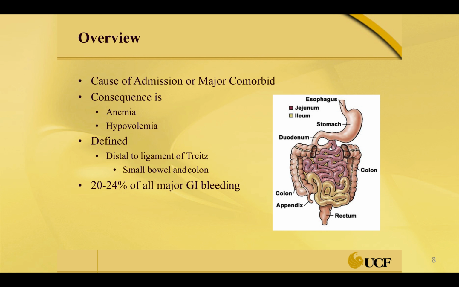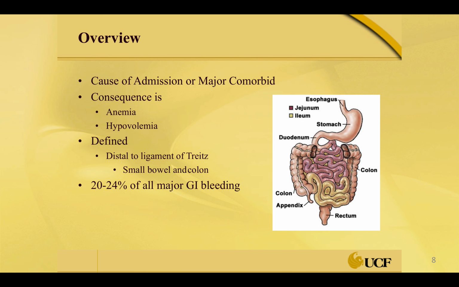So, a quick overview. Let's take a look at the cause of admission or major comorbid. The main consequence is anemia and hypovolemia. How we define this lower gastrointestinal bleed again is by definition in relationship to the ligament of Treitz.